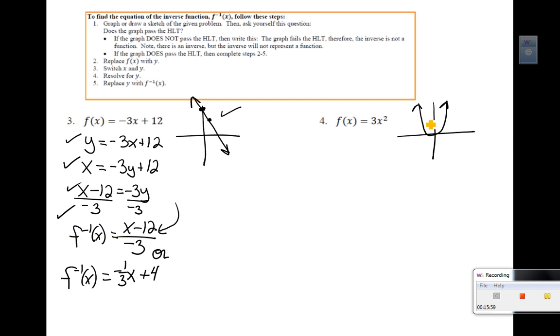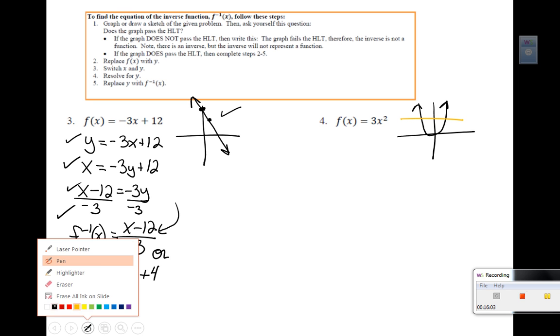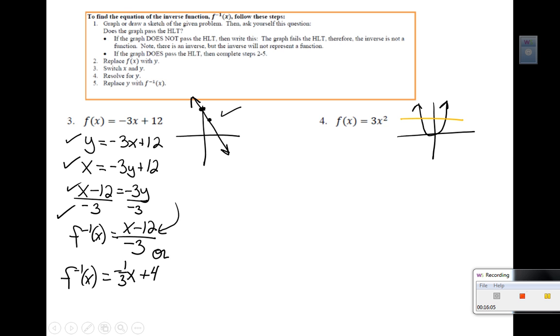So let me switch colors. Look at my line that I just drew there. Fails the HLT. So what are we going to write? If the graph does not pass the HLT, then write fails the HLT. The inverse is not a function.